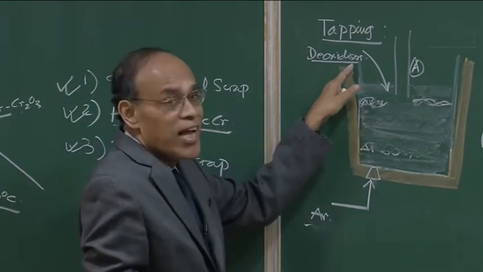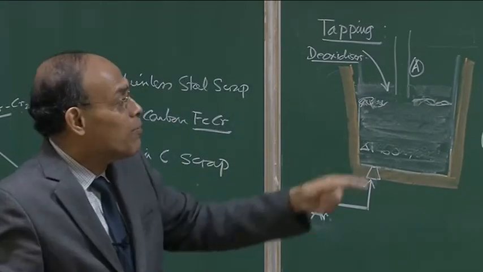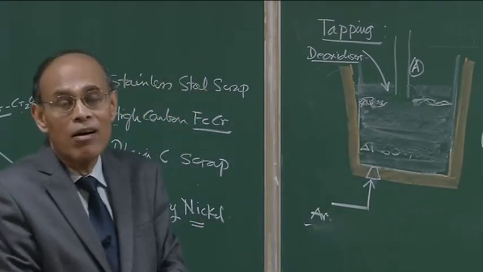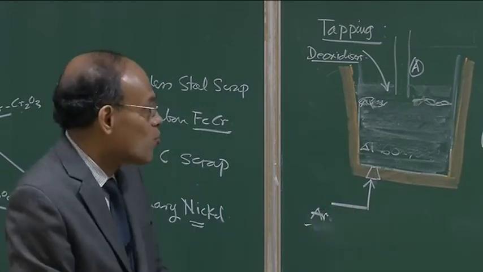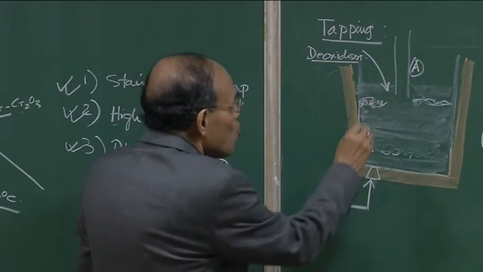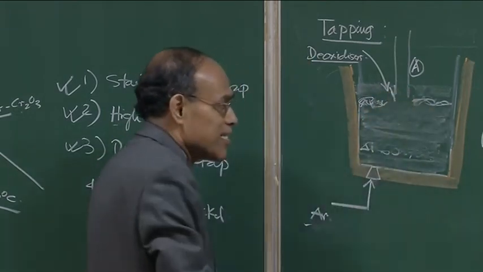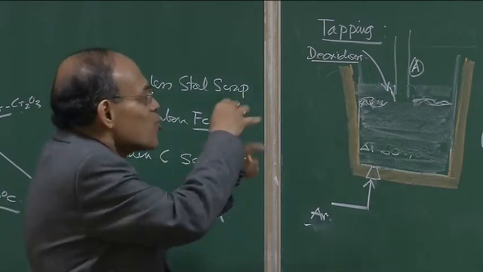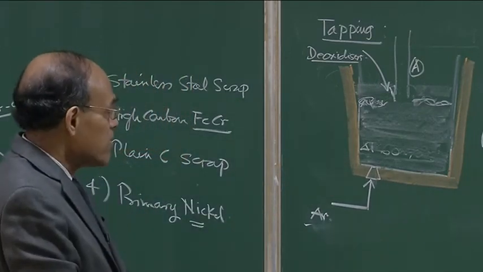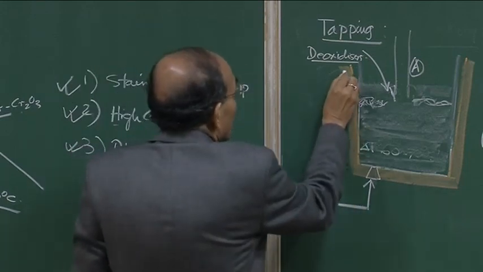So, if you add deoxidizers, their melting and dissolution is going to be very rapid, and the deoxidation reaction rate is going to be extremely fast, and that is why the deoxidizers are added close to the vicinity of the tapping stream where the maximum velocity really exists.